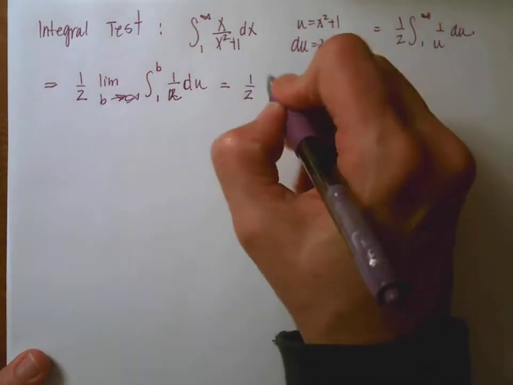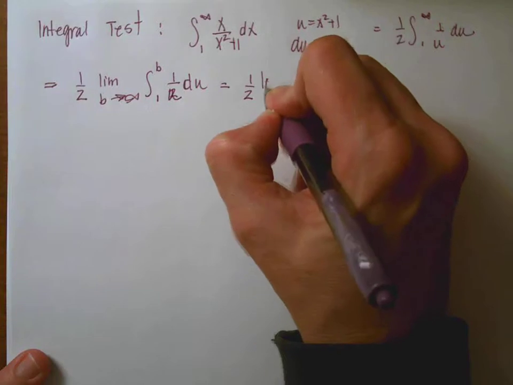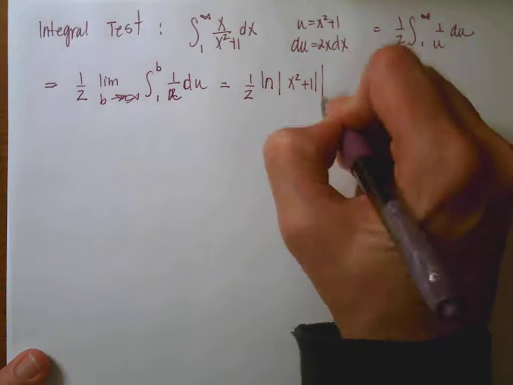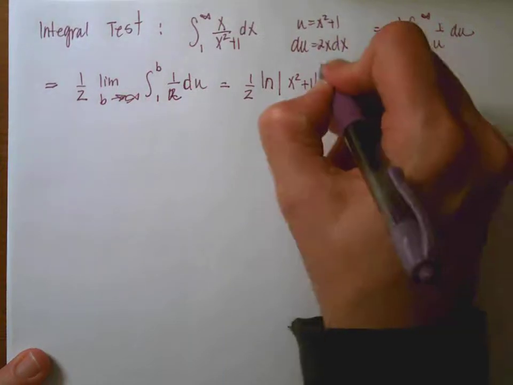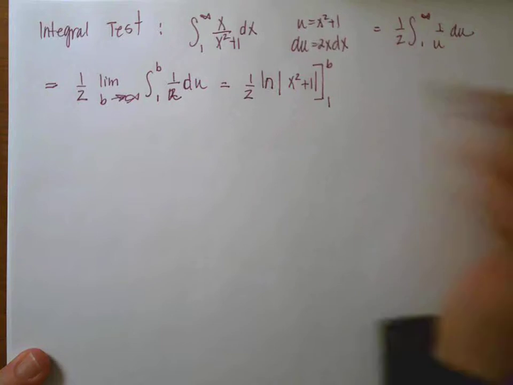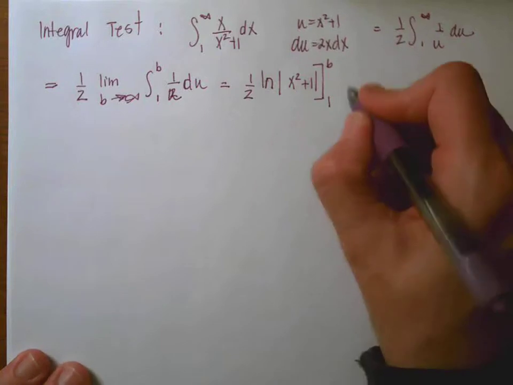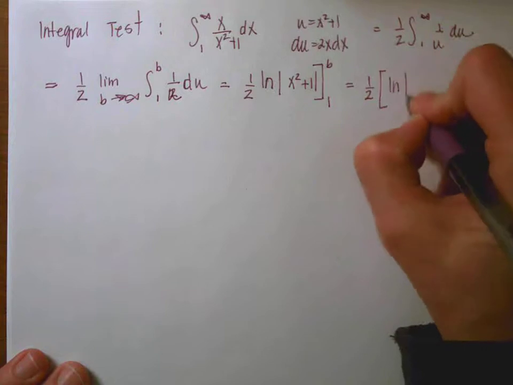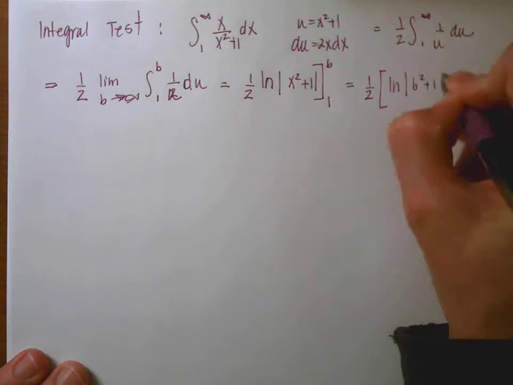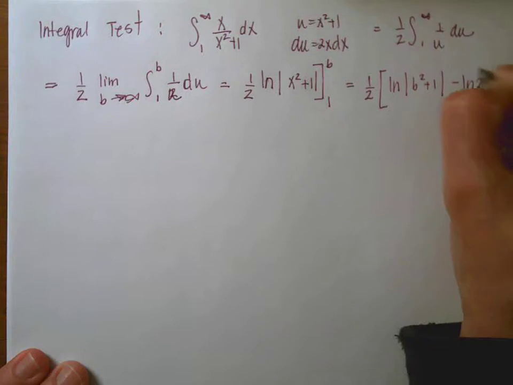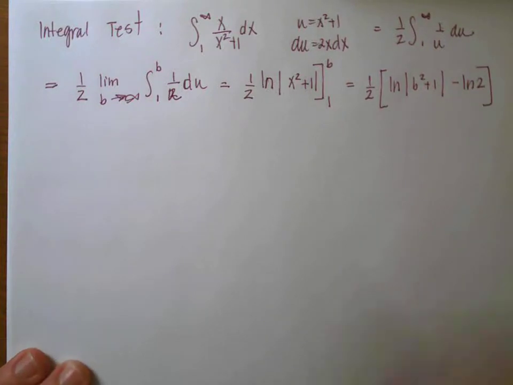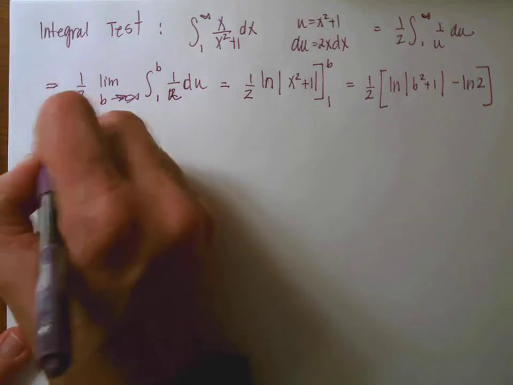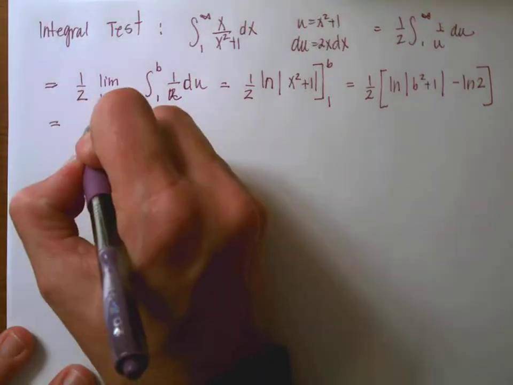So when I do that math, I get 1/2 times the natural log of the absolute value of x squared plus 1, and I am going to evaluate from 1 to b. So then this becomes 1/2 times the natural log of b squared plus 1 minus the natural log of 2. This is going to approach infinity because it increases without bound.